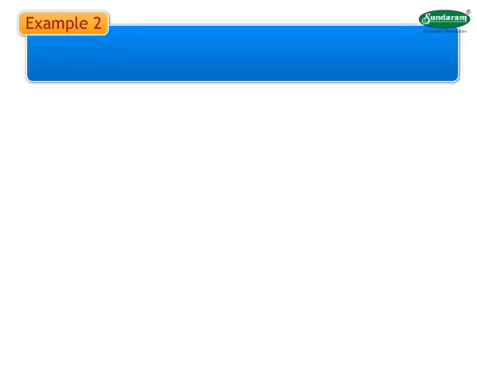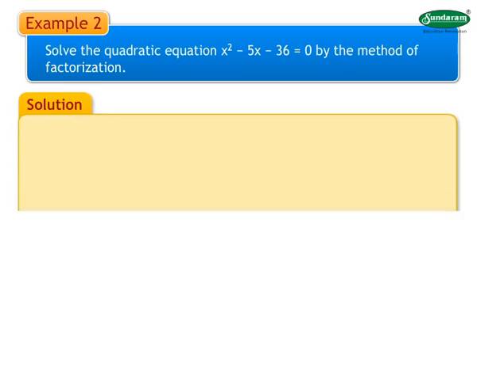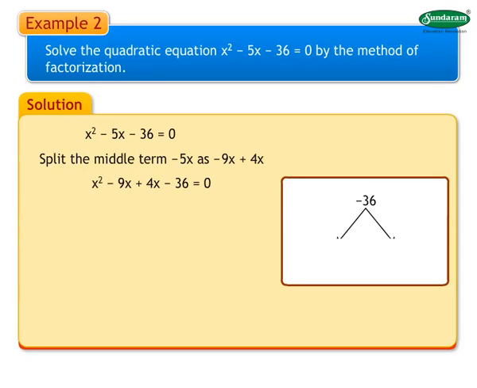Example 2. Solve the quadratic equation x square minus 5x minus 36 is equal to 0 by the method of factorization. Solution. X square minus 5x minus 36 is equal to 0. Split the middle term minus 5x as minus 9x plus 4x. X square minus 9x plus 4x minus 36 is equal to 0.